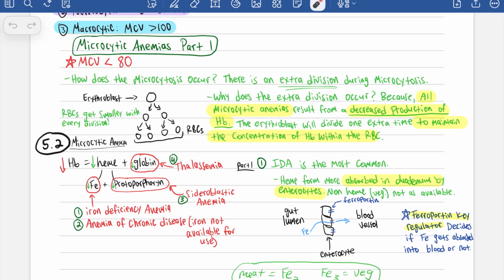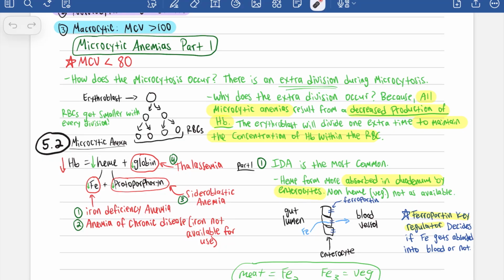Another way of saying this is, imagine each red blood cell having one hemoglobin in it. If we have decreased production of hemoglobin, so we don't have as much hemoglobin as we should in the body, that means that if we don't do something about it, we may have certain red blood cells that don't have hemoglobin in them.